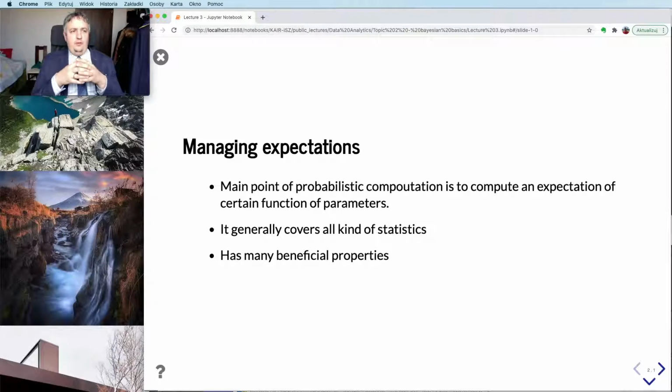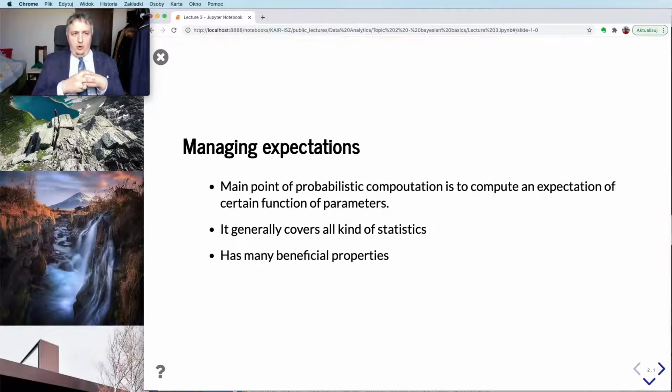As we mentioned before, the perfect situation would be that we could consider entire distributions, but in practice we will want to get some kind of numbers, because people prefer numbers, and generally we will be computing expectations or expected values of certain functions of parameters of our models.